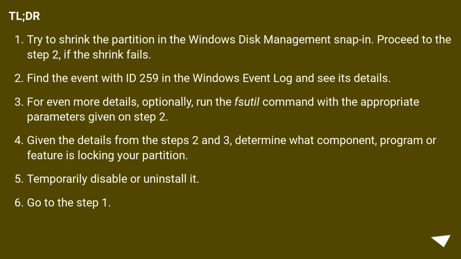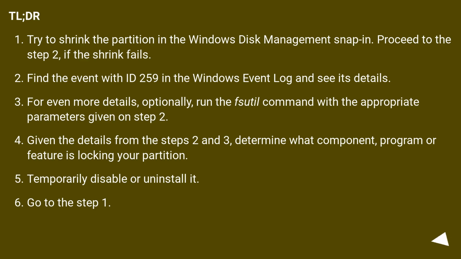TL;DR: Try to shrink the partition in the Windows Disk Management snap-in. Proceed to step 2 if the shrink fails. Find the event with ID 259 in the Windows event log and see its details. For even more details, optionally, run the fsutil command with the appropriate parameters given in step 2.